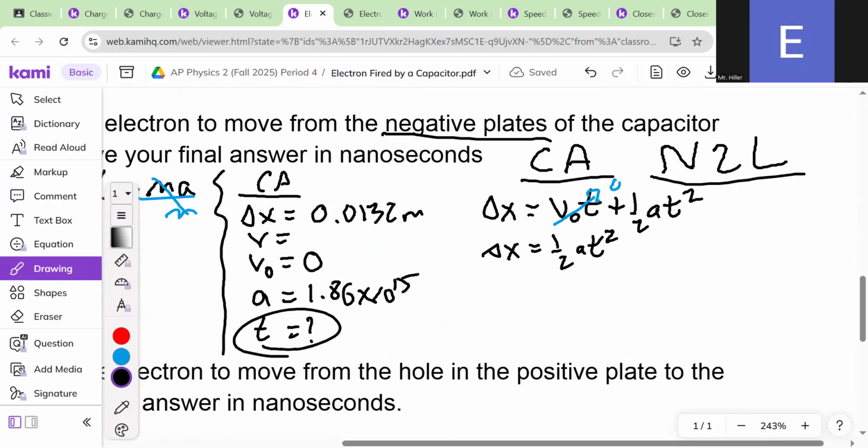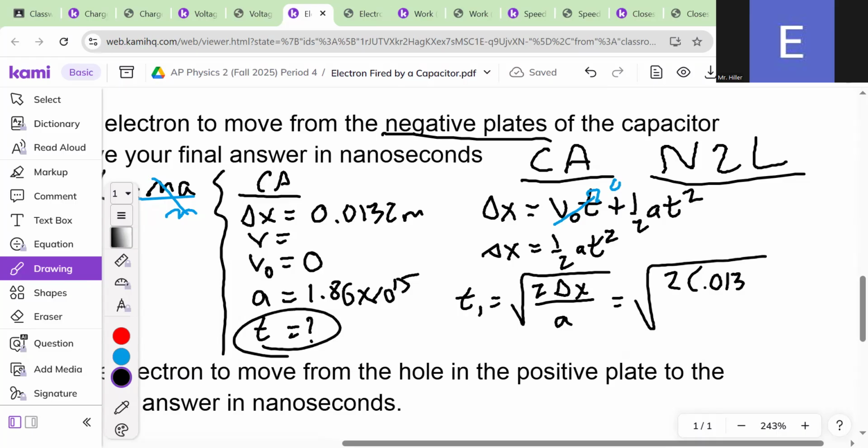To solve for time, you multiply by 2, divide by a, and then square root. So time 1 is the square root of 2 times delta x divided by a. So 2 times 0.0132 over 1.86 times 10 to the 15th power. Then you have to remember to square root that.